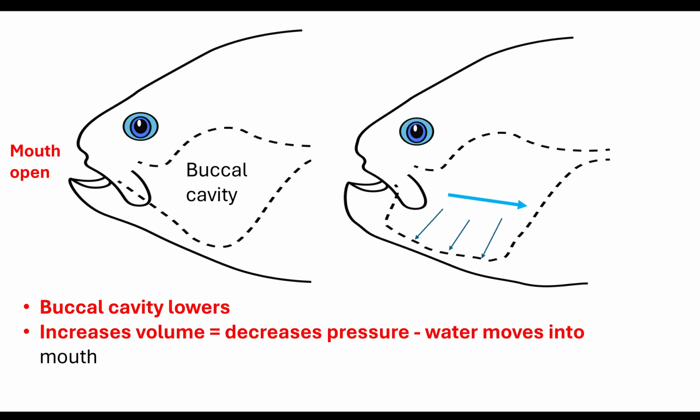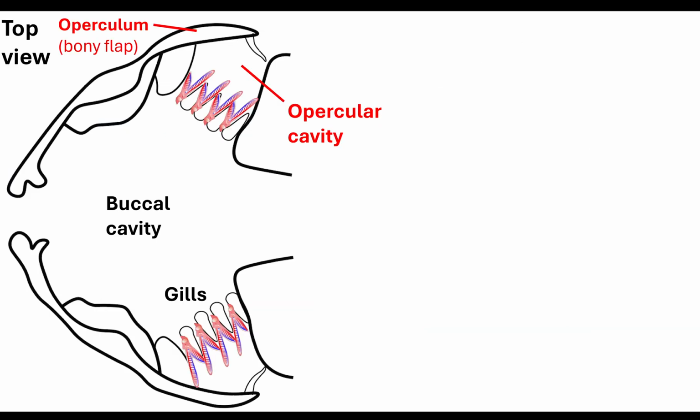So the mouth is open, the buccal cavity is going to lower, that is going to increase the volume, decrease the pressure, and water will move into the mouth. Now, if we look from a top view, what we can see is our mouth is open, our buccal cavity has lowered and therefore created a greater volume inside the buccal cavity.